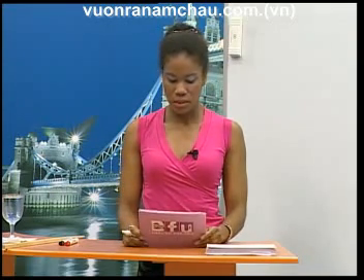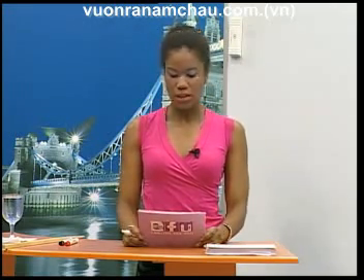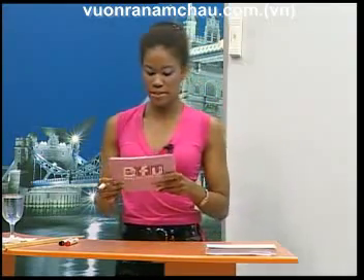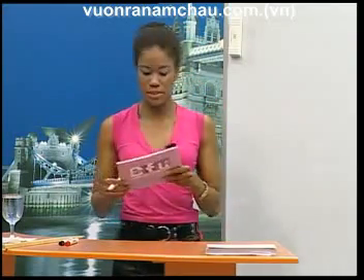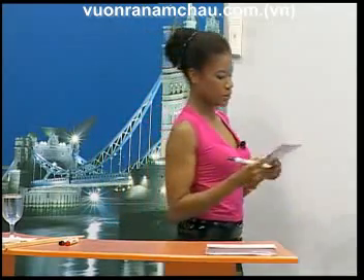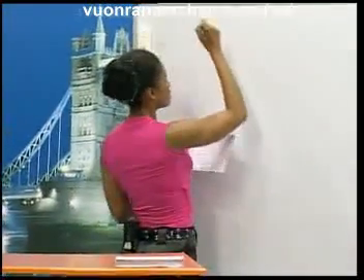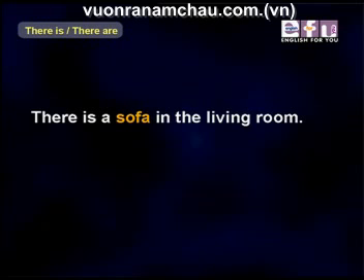So we use there is and there are when we talk about something for the first time to say that it exists. The subject follows the verb to be when there is used. The verb always agrees with the noun that follows there. Take a look at these examples. There is a sofa in the living room.